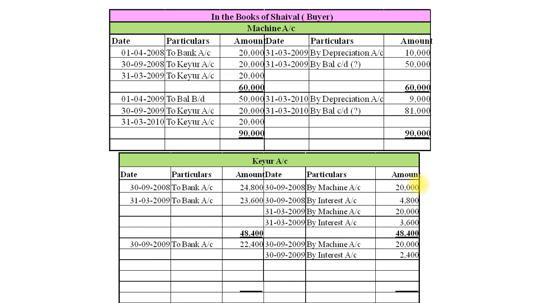Next will be the fourth installment due on 31/3/2010 by machine account 20,000 and by interest account 1,200, and on 31/3/2010 installment paid, Keyur account debit to bank, it will be 21,200. So this year also gets tallied at 43,600.